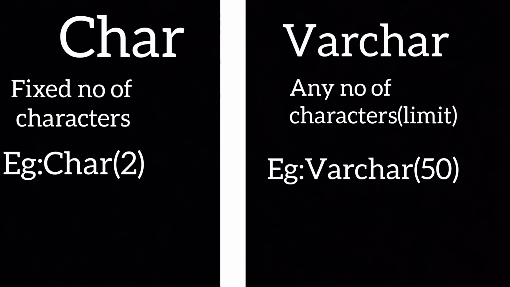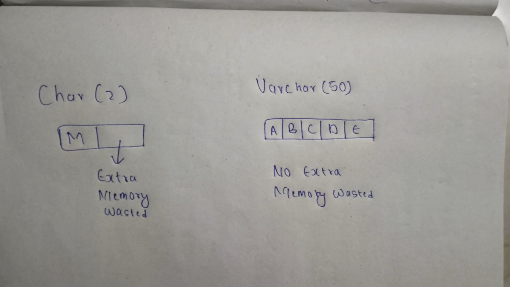Also, from the interview perspective, I'll tell the main difference between char and varchar. The memory allocation will be different from char to varchar. For example, if you have created char with 2 in the brackets, then 2 bytes will be allocated in memory.